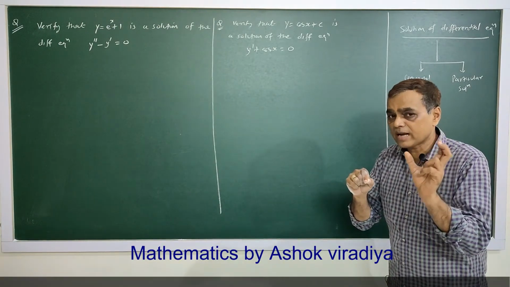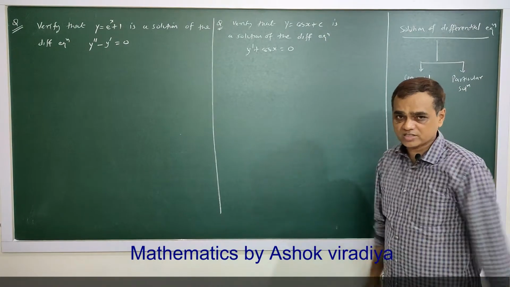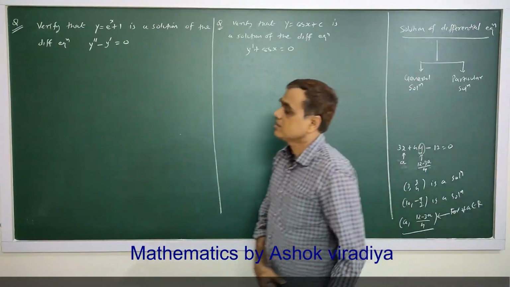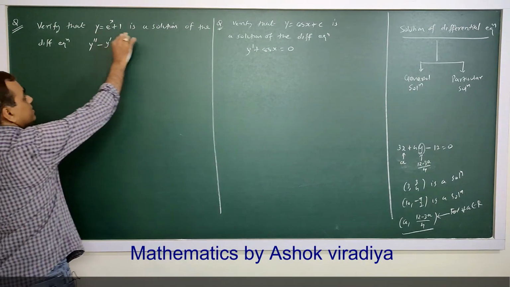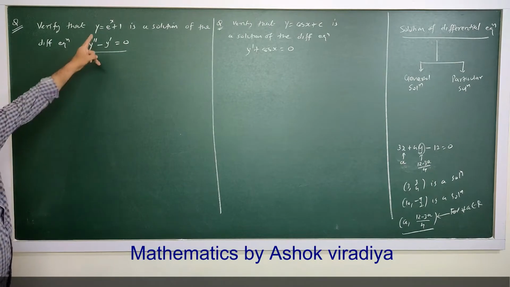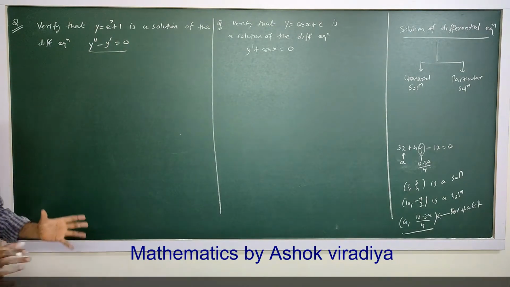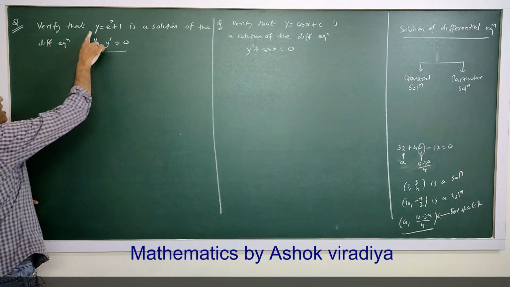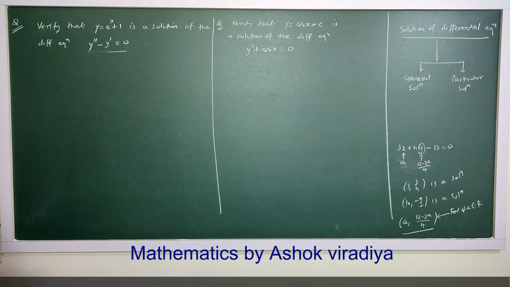You may not be able to understand this word yet. I will explain it in this question. So let us start this question. Verify that this is a solution of this equation. It is said to be a solution if it satisfies this equation. So what we do is substitute values in LHS. If LHS equals RHS, it is a solution.